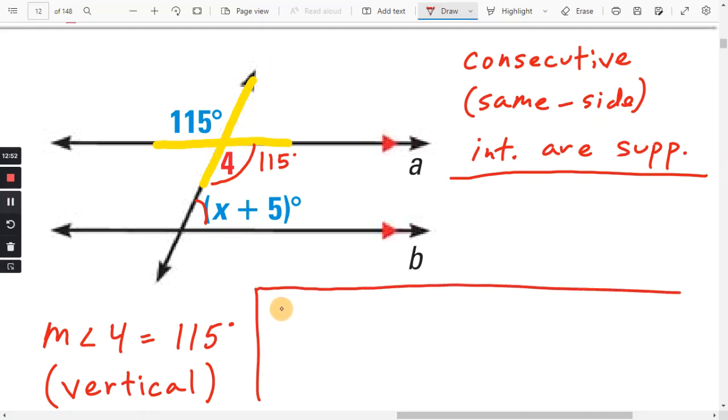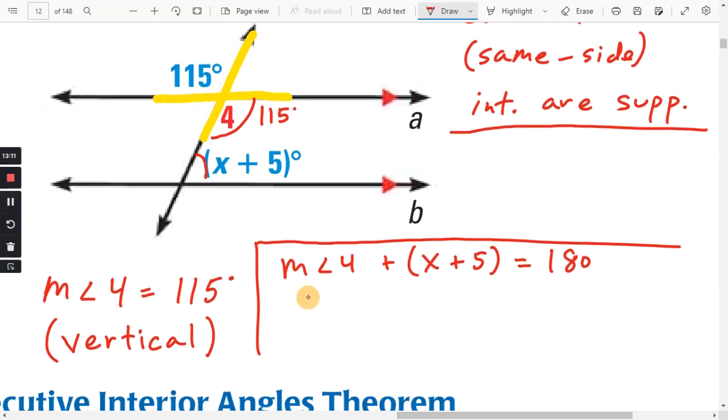So the measure of angle 4 plus X plus 5 equals 180. All right, we established previously that was a vertical angle, so we know that the measure of angle 4 is just 115 plus X plus 5 equals 180.